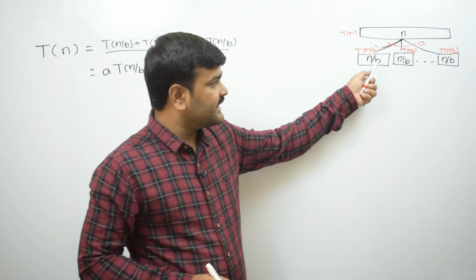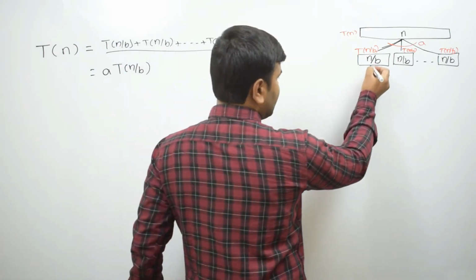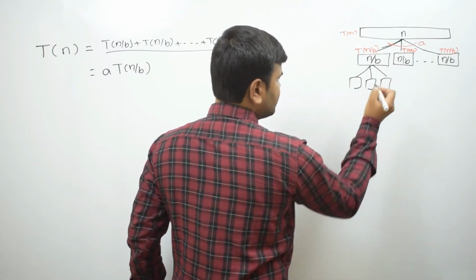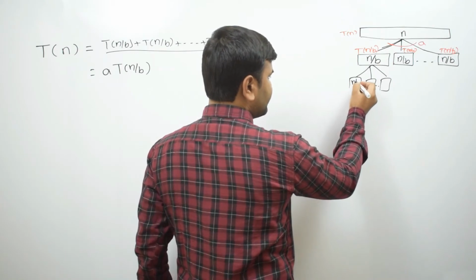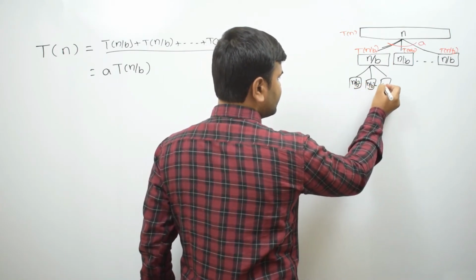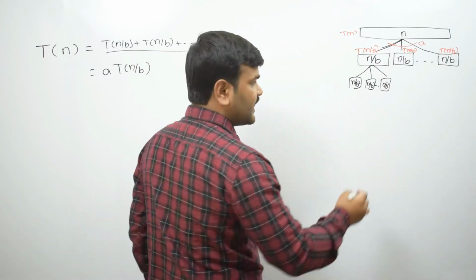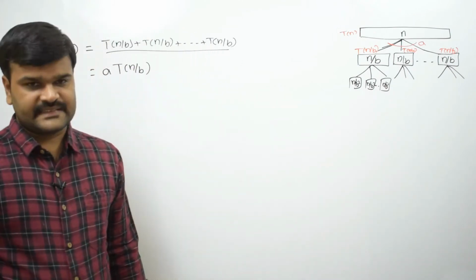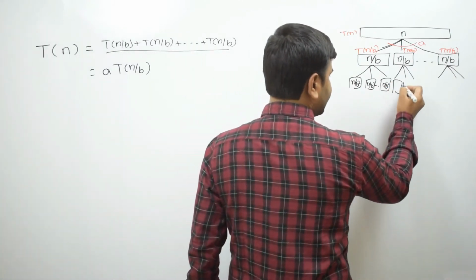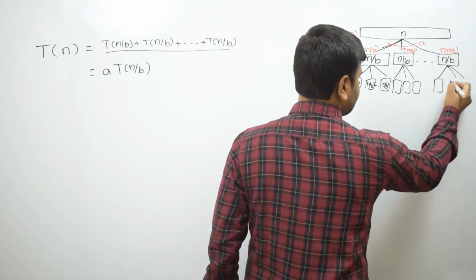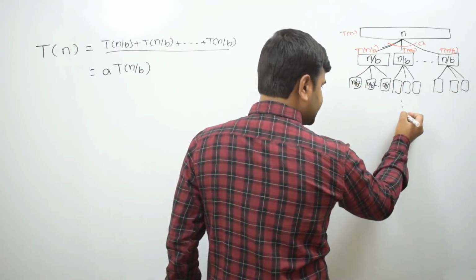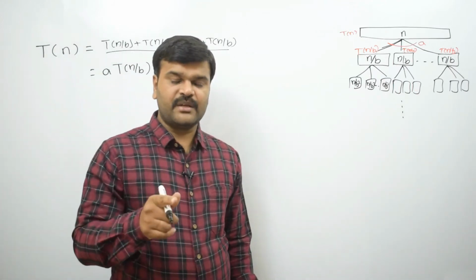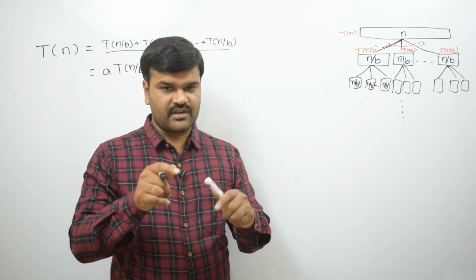So like this if you are dividing, next what will happen? Each of these is also going to have a subproblems. So that means this is n by b square, n by b square, n by b square. Like this every subproblem is further divided into a subproblems. This division continues till it has either one element or zero elements, or where it is comfortable to solve.